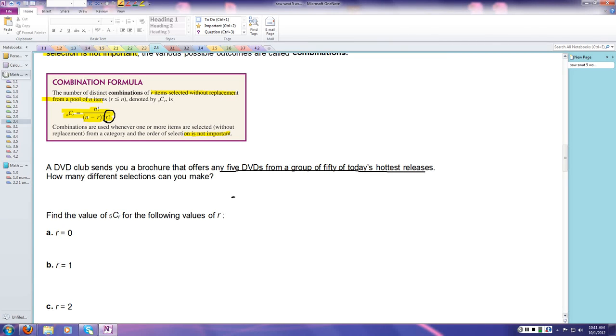So I have 50 choices, and it's a combination, and I'm picking 5 from 50. So looking at my formula, I have 50 factorial over 50 minus 5 factorial times 5 factorial. So I would have 50 factorial over 45 factorial times 5 factorial.